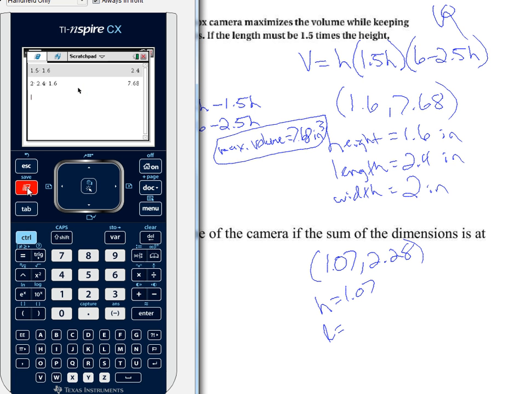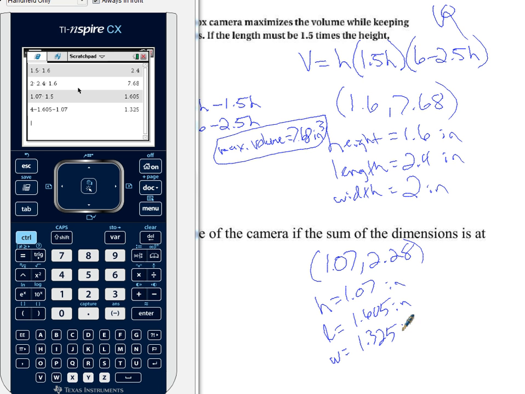So let me go back to my calculator. 1.07 times the 1.5 requirement, and I get 1.605, and then the width must be 4 minus that answer, 4 minus 1.605 minus 1.07. So the width must be 1.325, and these are still inches.